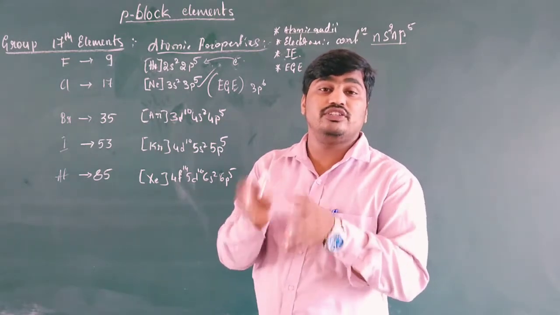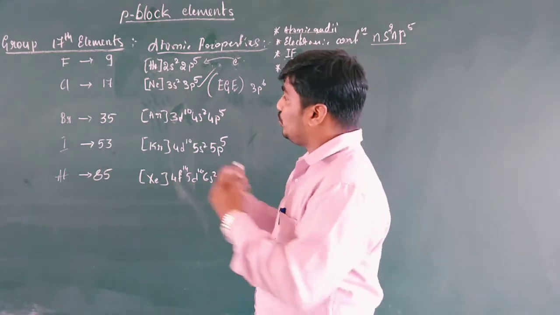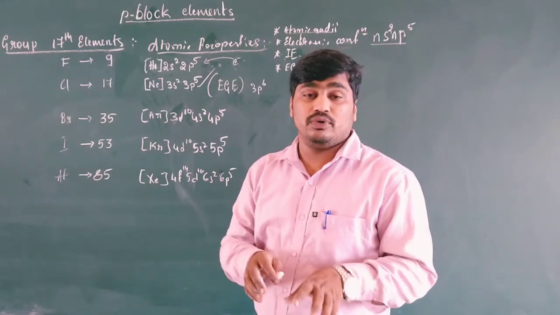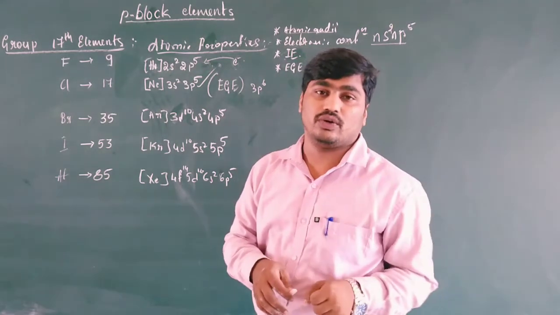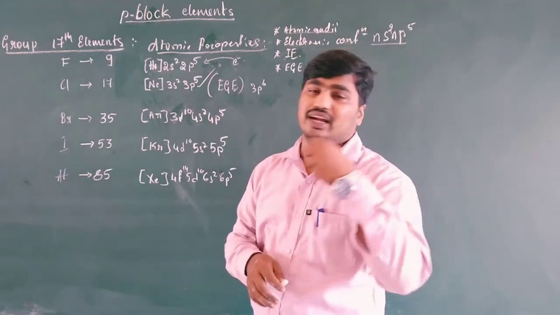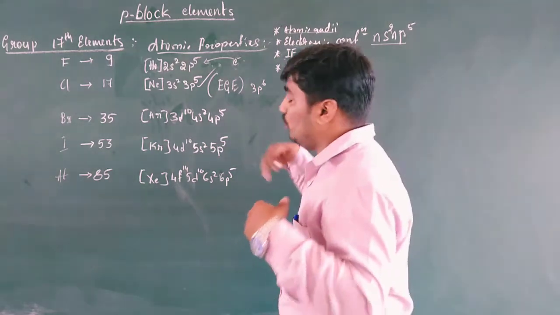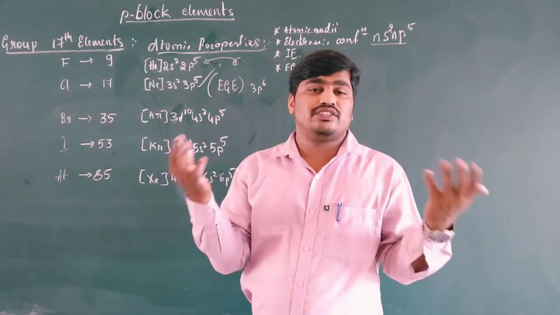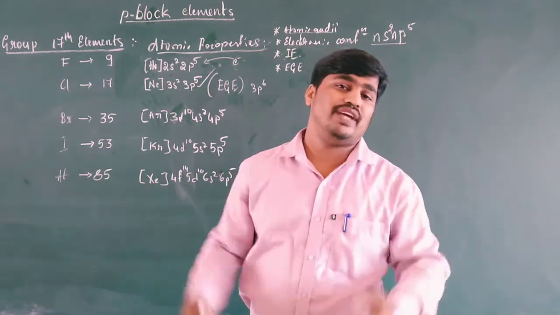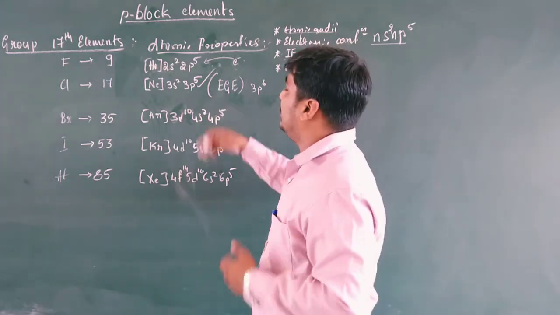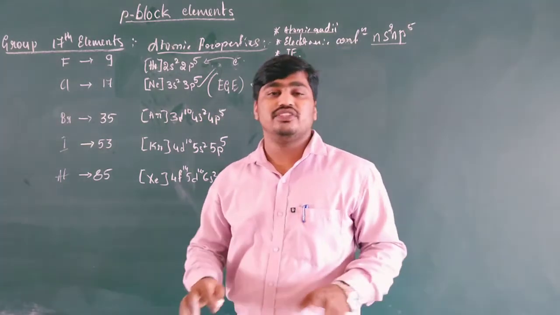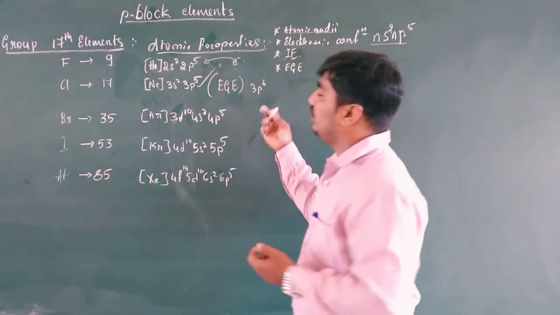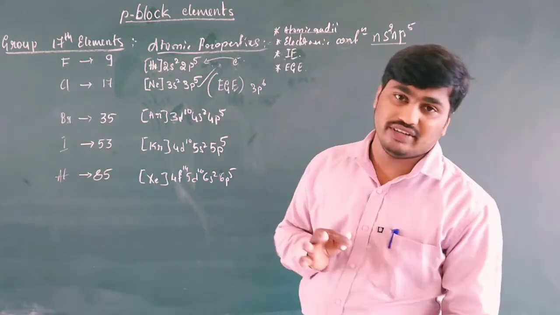Chlorine always tends to show the p6 electronic configuration, so it always tries to catch an electron. So when you add the electron, it attracts it directly and a larger amount of energy is released. The reason is that it gets stability, and stability comes after the loss of energy. So because of that, chlorine shows more electron gain enthalpy.